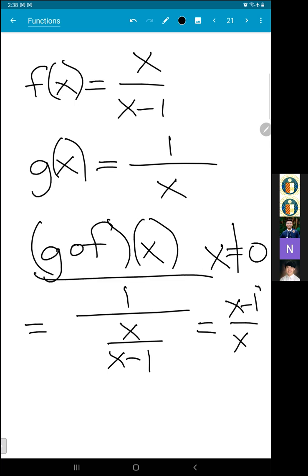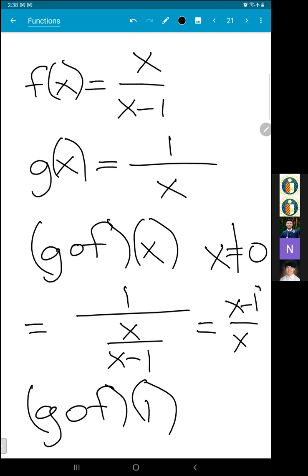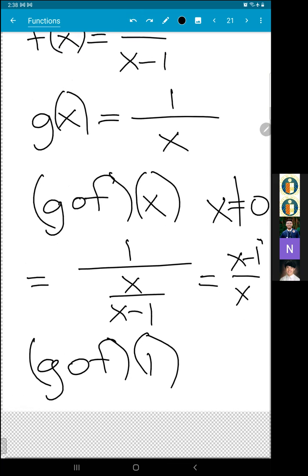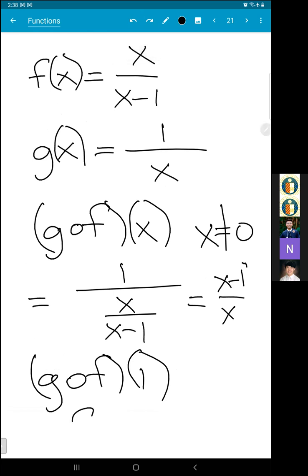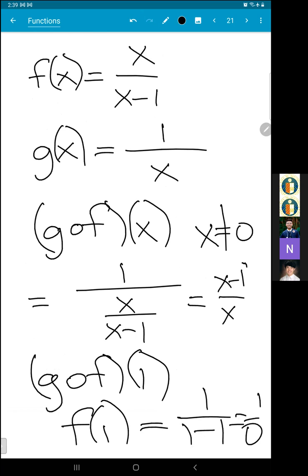Why? Let's see. What if we have g of f of 1? This says we only exclude 0. But if you evaluate g of f of 1, first you have to evaluate f of 1, right? Now, we plug in 1 over 1 minus 1. We get 1 over 0. Undefined.